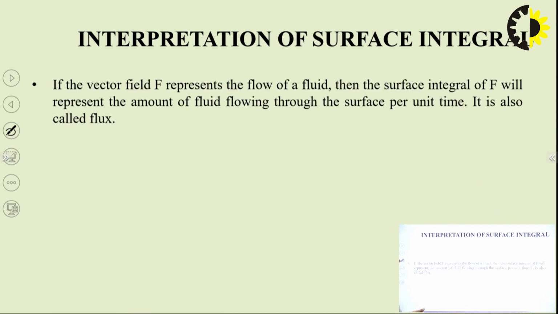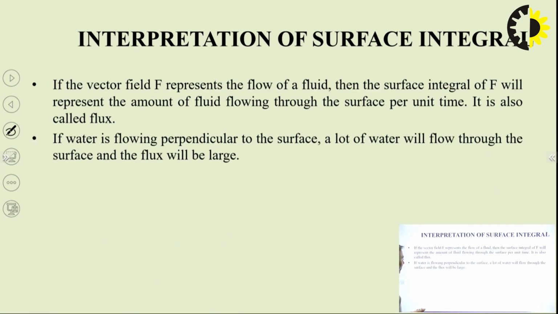Interpretation of the surface integral. What is the surface integral? If the vector field f represents the flow of a fluid, then the surface integral of f represents the amount of fluid moving through the surface per unit of time.